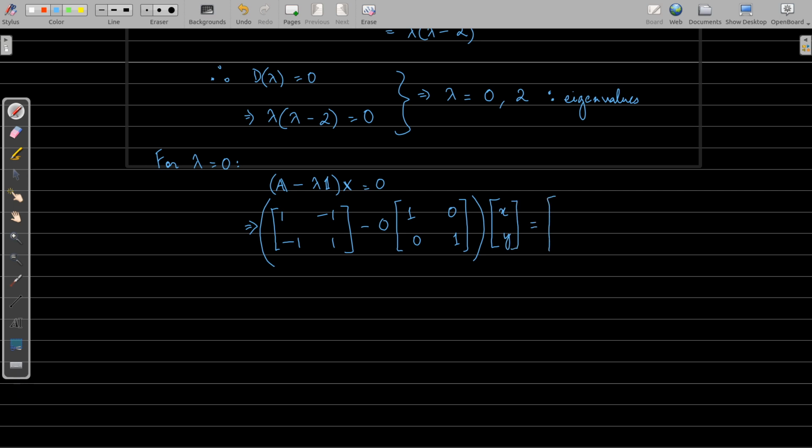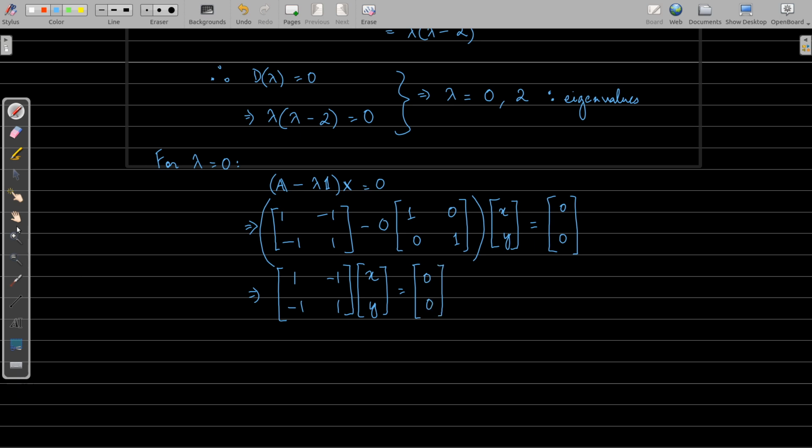This is equal to 0, 0. So now we have the first matrix: 1 minus 0 is 1, minus 1 minus 0 is minus 1, so it remains unchanged, with x and y, equal to 0 and 0.